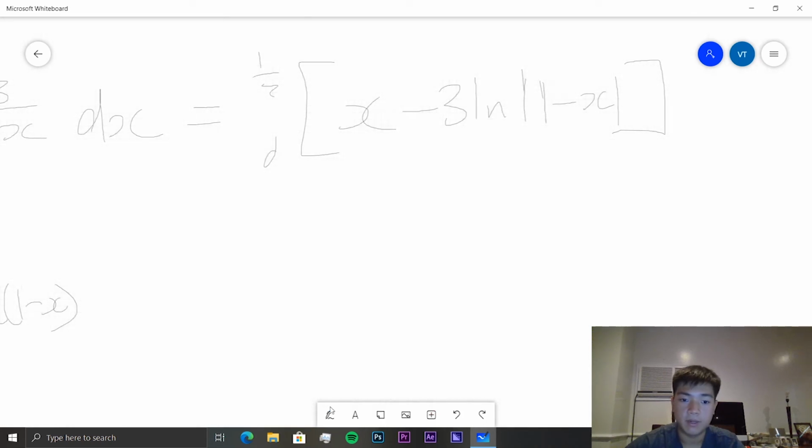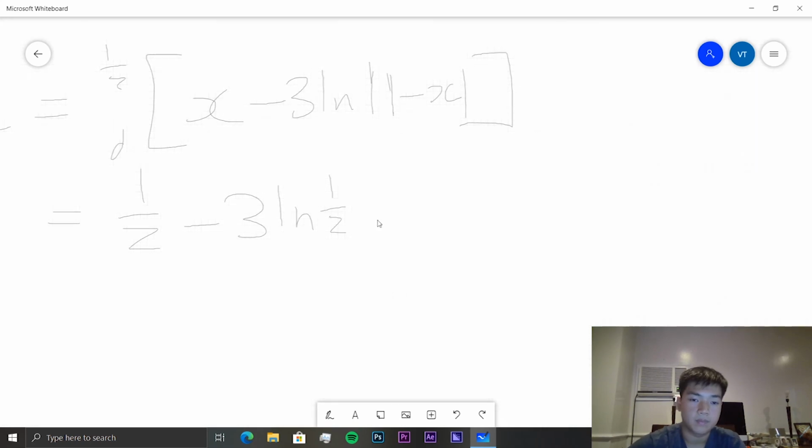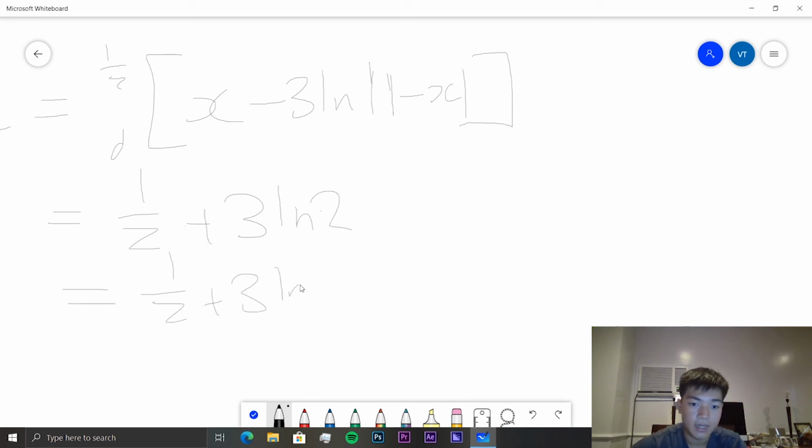So between 0 and 1/2, this is 1/2 minus 3 ln 1/2, minus 0 plus 3 ln 1, 3 ln 1 being 0. So this is equal to 1/2 plus 3 ln 2, which is equal to 1/2 plus 3 ln 8.